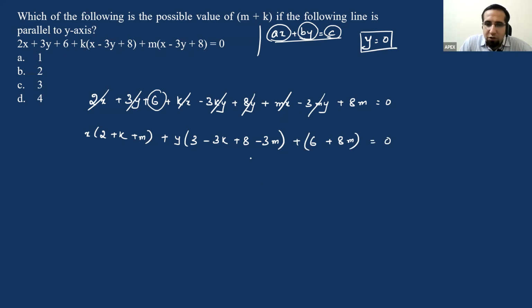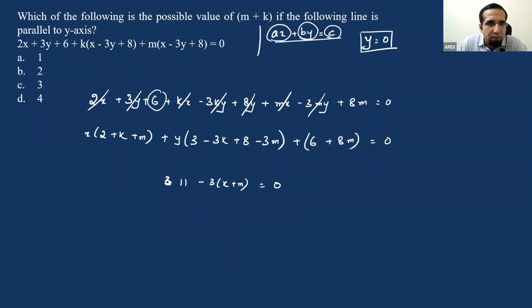Now, I want the coefficient of y to be equal to 0. That means you have 3 plus 8, which is going to be 11. Clear? 11 minus 3 times k plus m is equal to 0. Did we go wrong somewhere, guys?